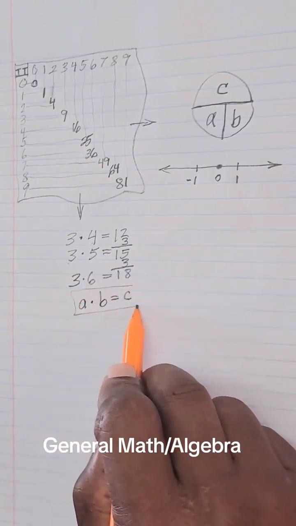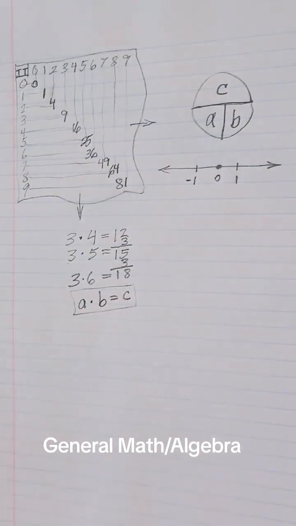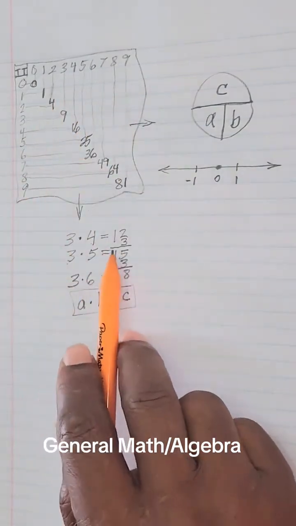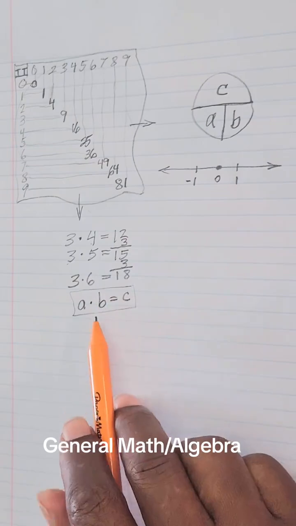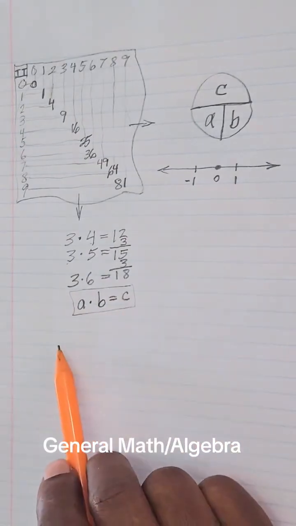That's our whole timetables and more. A times B equals C is all of this and everything we ever do. It's just it. A times B equals C. Something simple as this.